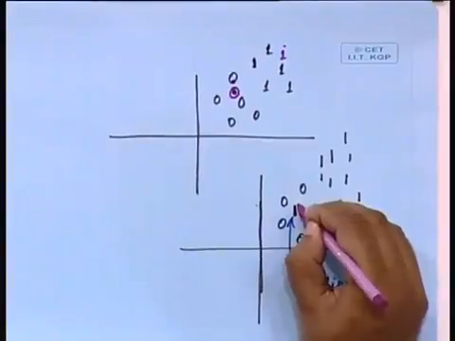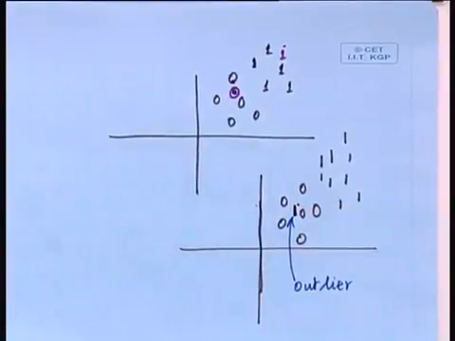Now, just imagine that we are presenting a test vector, and supposing the test vector happens to be placed over here. If we adopt the nearest neighbor criteria, what is going to be the nearest neighbor of that?